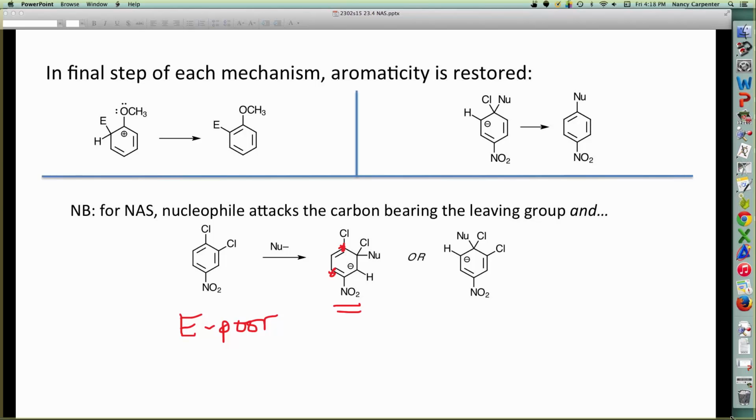If we attack the para position, then we can get this guy, oh, not that guy, get this guy, put in all my arrows here.